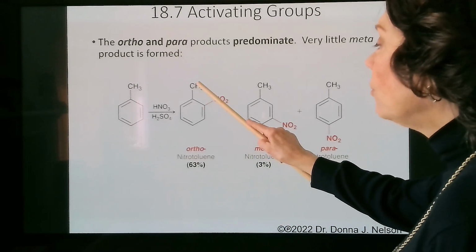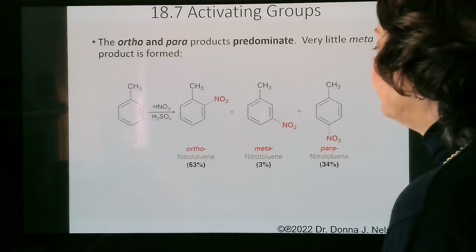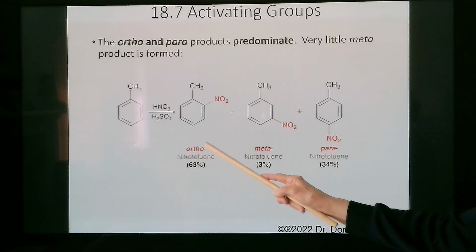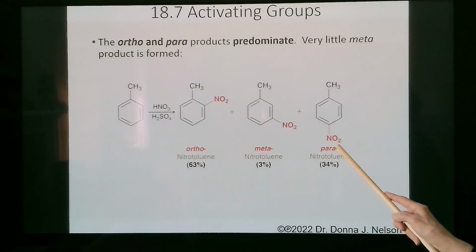So this methyl group, an alkyl group, this is typical of alkyl groups. The methyl group is said to be ortho-para directing because the incoming groups go to the ortho position and the para position.